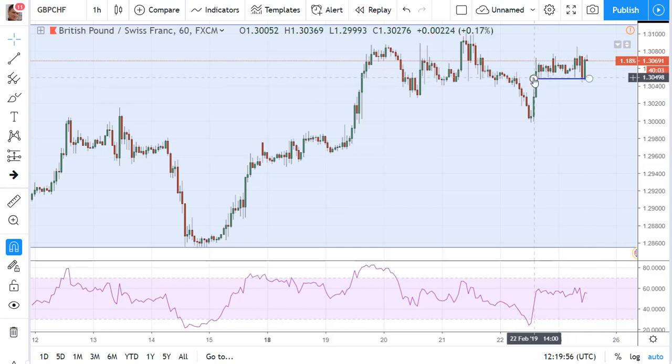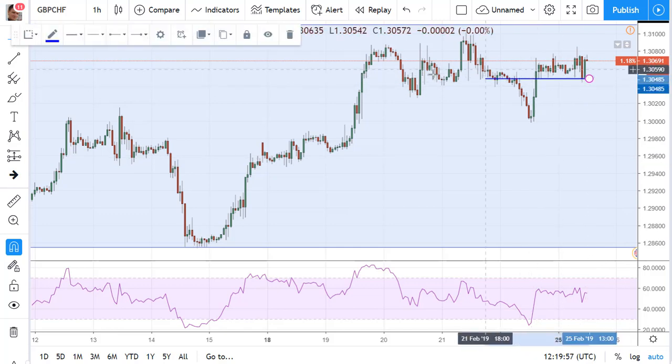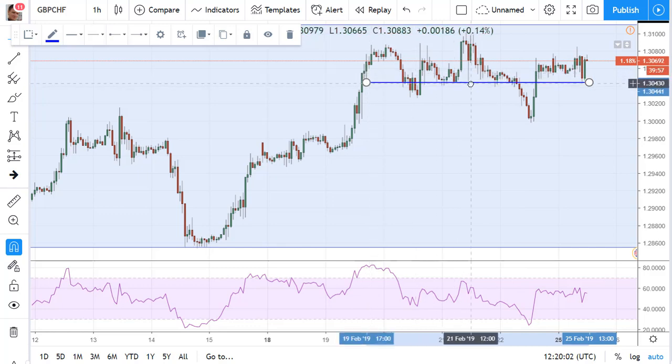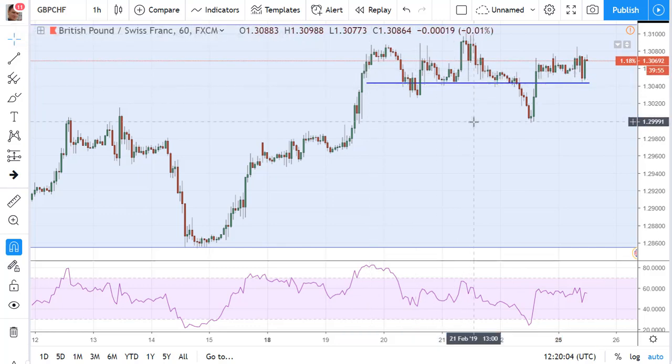This is interesting, by the way. This level has been tested quite some times in the past, but then again, this is a shorter time frame. We are between the resistance on the bigger time frame, support. When we zoom in, you want to get some kind of an entry signal. This really needs to break before we are ready to go in short.